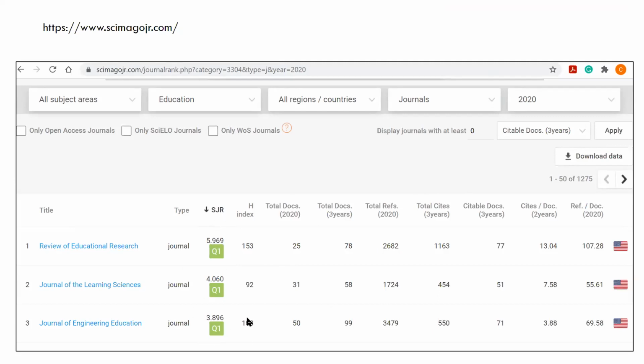So quartile 1 are the most highly ranked. You can type your journal into Scimago and see what ranking it has. So I just typed in here education rankings of journals, and you'll see that the Review of Educational Research is the top ranking journal, so-called, in the world, according to this particular journal ranking system. So Scimago is one that you can look at.